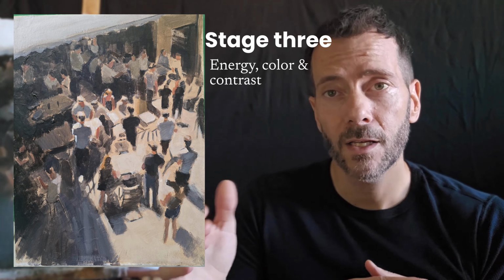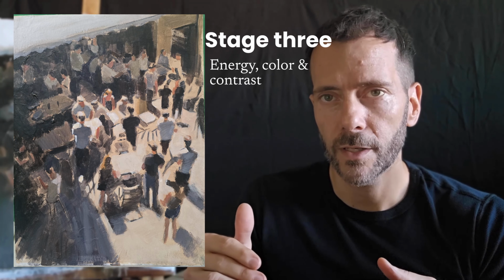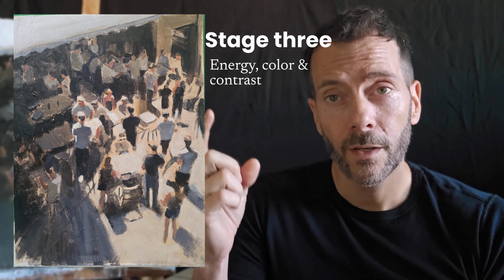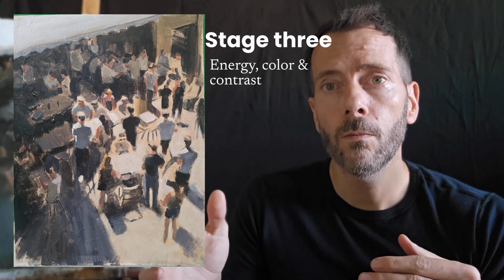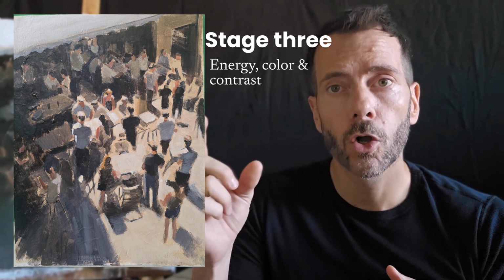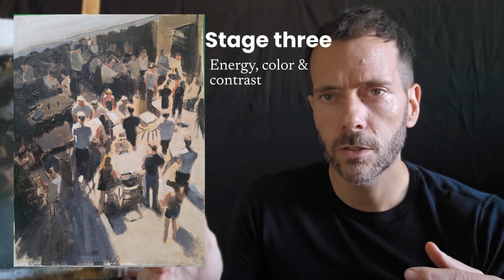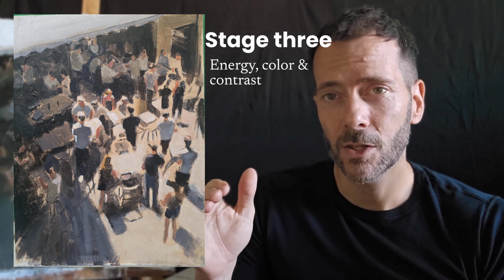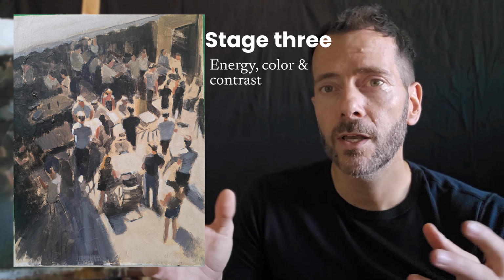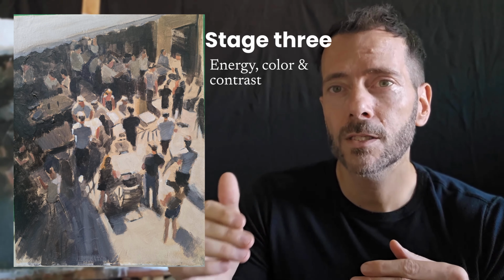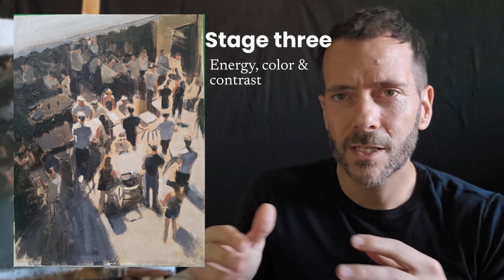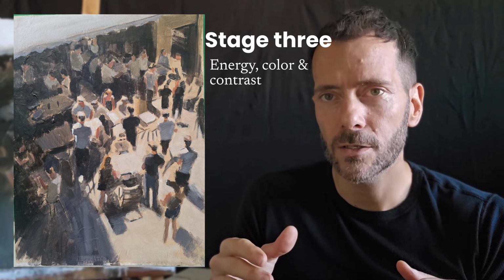Step 3. Adding color, energy, and contrast. Now it's time to bring real energy. So, 1. Skin tones. Warm, quick, varied. Clothing. Loose, mostly dark, but broken up by small accents. Light shining through flesh, using pure cadmium red and a complementary blue shirt. Background, simplified so it doesn't compete with the figures.